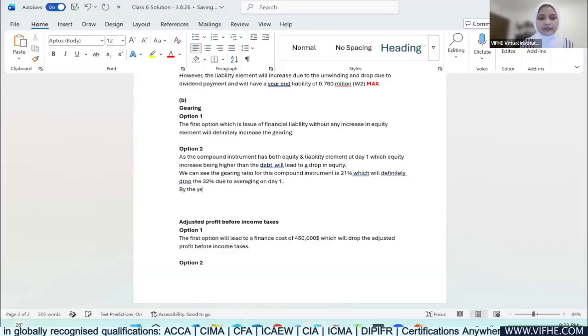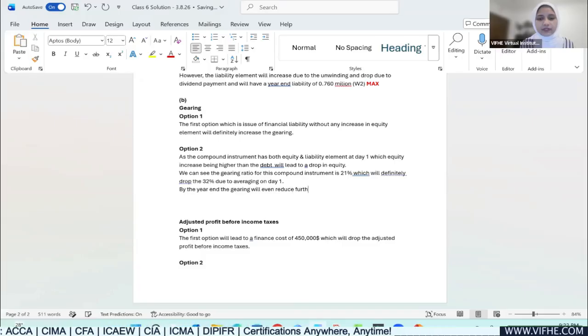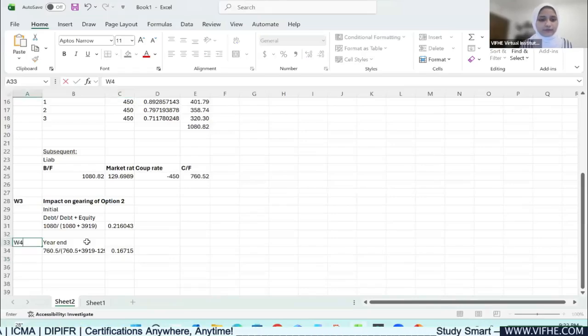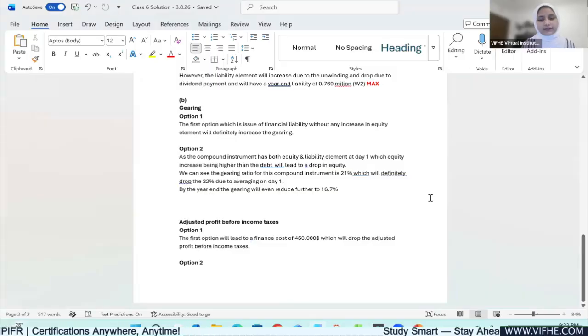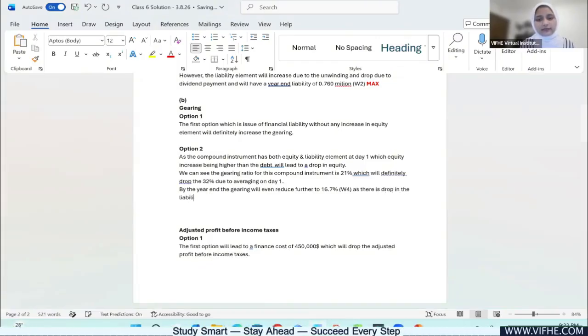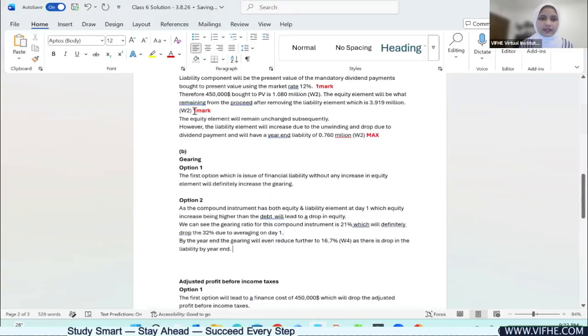By the year-end, the gearing will reduce further to 16.7%. I'll give reference working 4, as there is a drop in the liability by year-end. So this is easy. I was just supposed to get the 5 marks here.